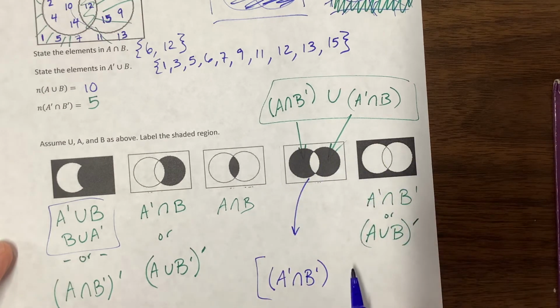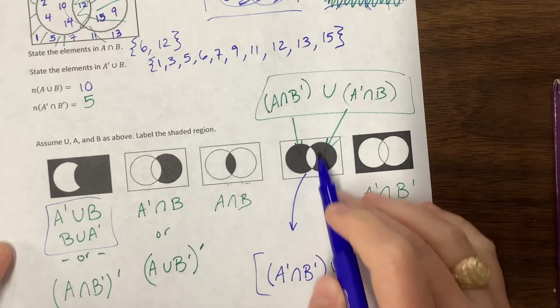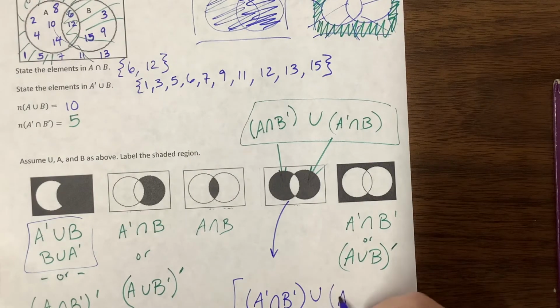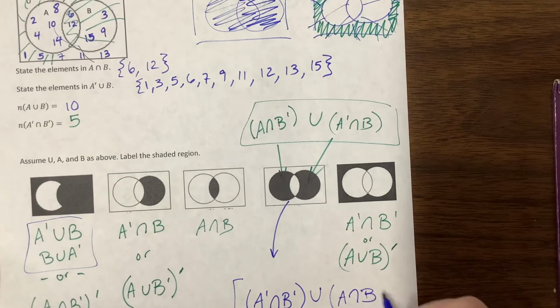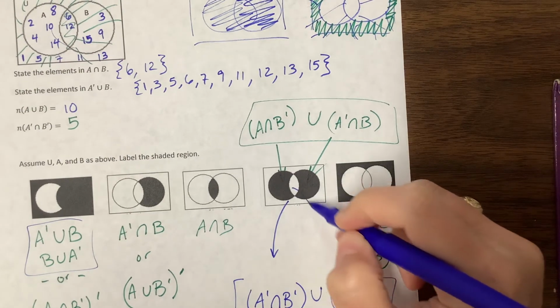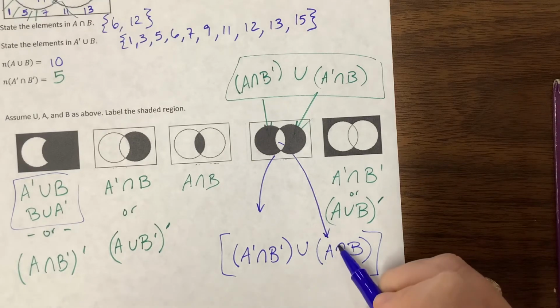And then I also want, so union, this middle part. Well, this middle part we just said was A intersect B. So this little piece right here is A intersect B.